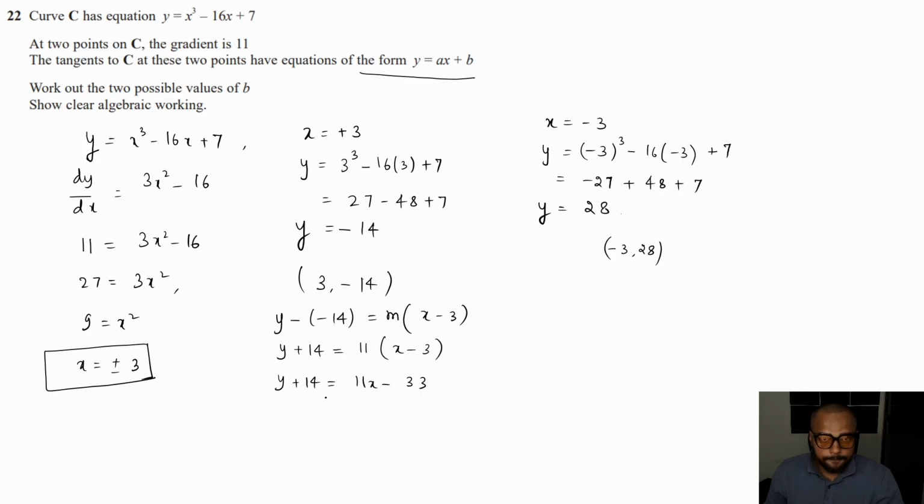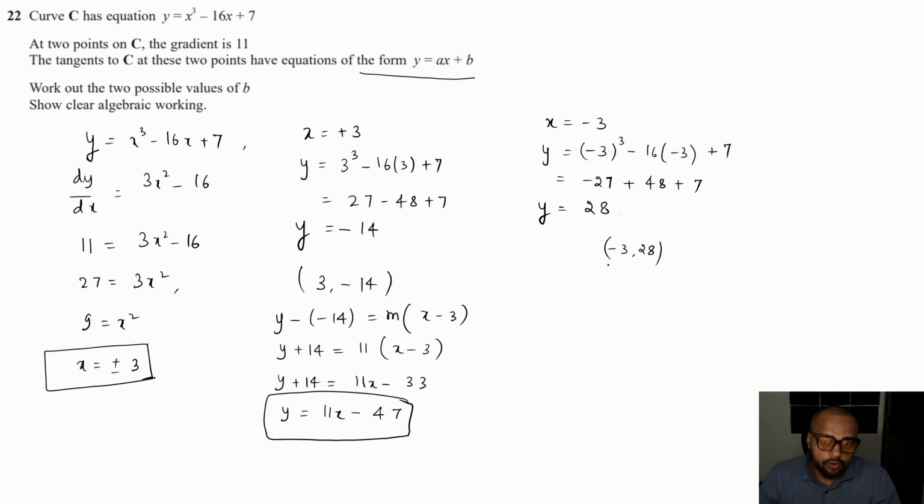From here we can see that y = 11x − 47. So we are getting this as the first equation.